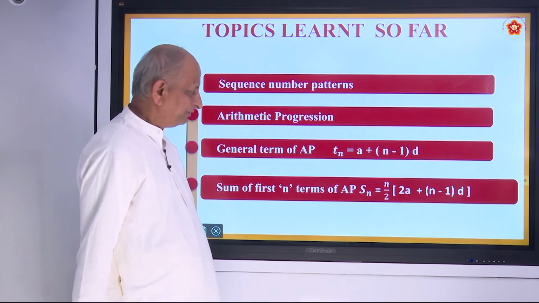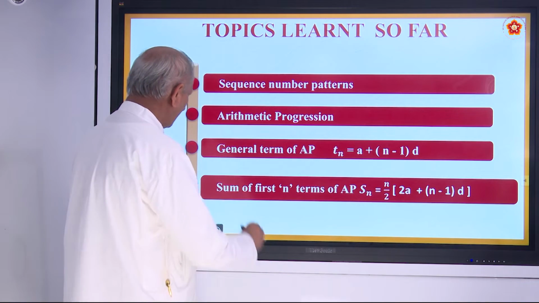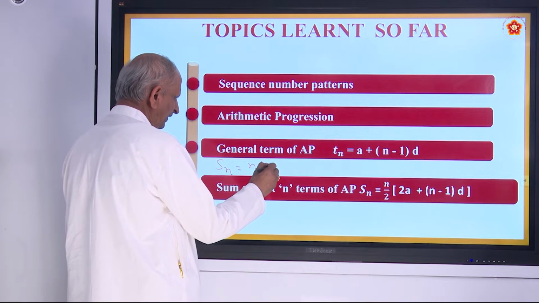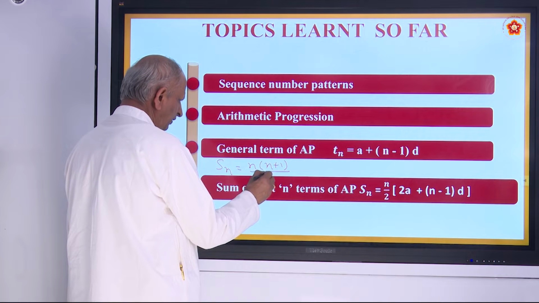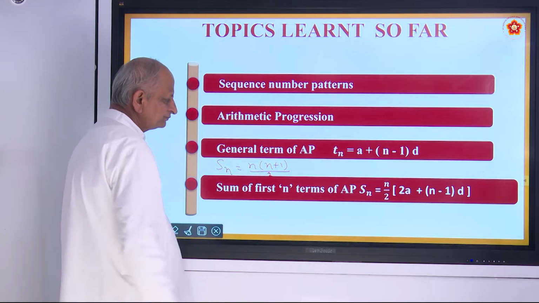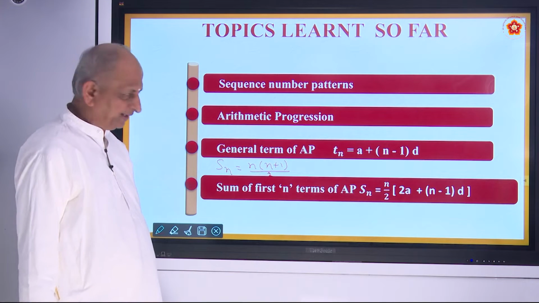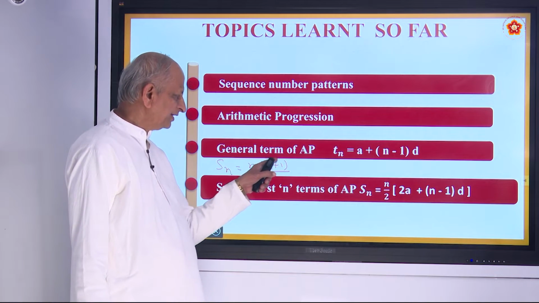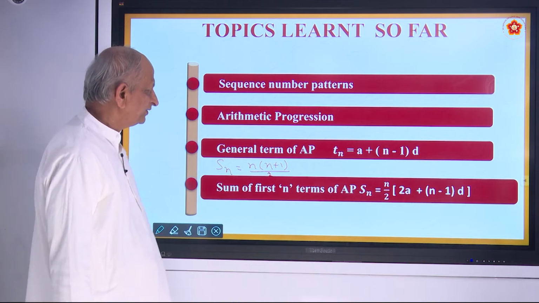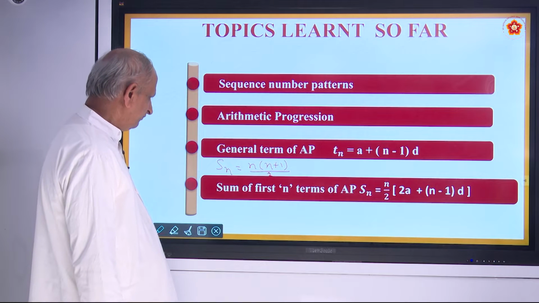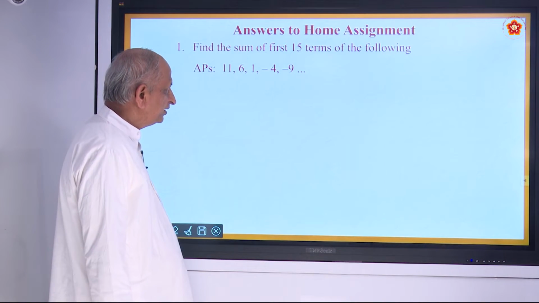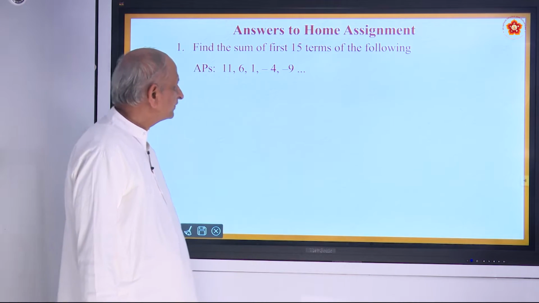Within seconds he answered, by using another formula, n into n plus 1 by 2, the sum of consecutive numbers. Suppose n is 100, then 100 into 101 by 2. Is it not? So that's the answer he gave. With this previous knowledge, we will come to the home assignment.